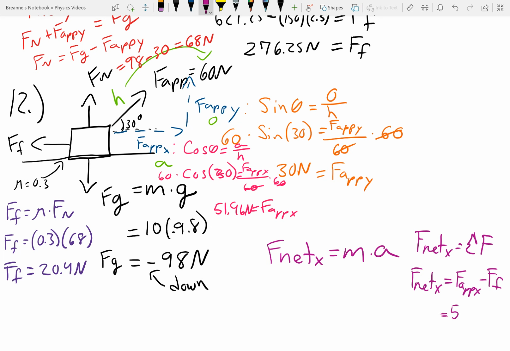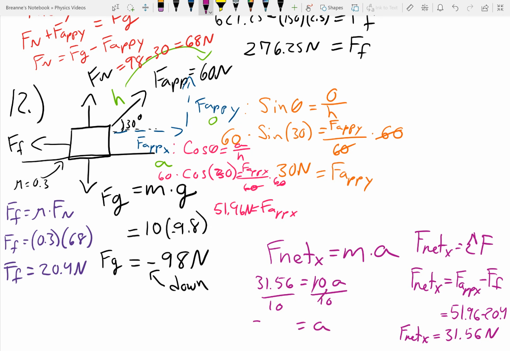Force applied in the x is 51.96. Force of friction is 20.4. And that gets you to be 31.56 newtons for your F net x. And then now we can solve for our acceleration, in meters per second squared.